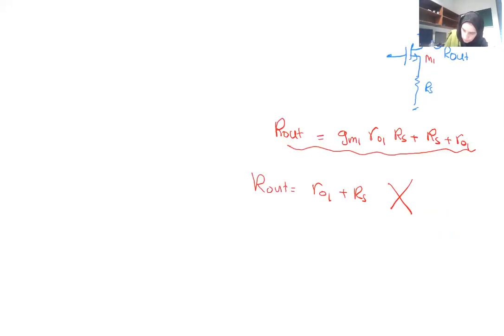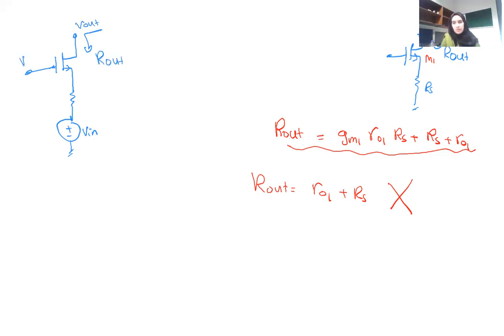Your question was, there is a source here, whether it is or not, and your input is taken from here, Vn, and the V out is from here, and I need to find R out. Yes, this is the question, Jamshed.